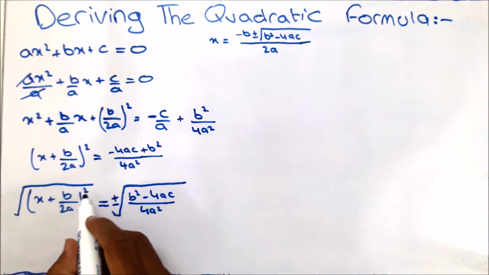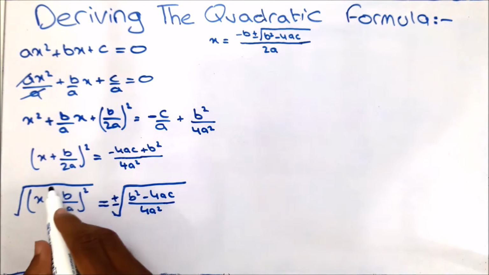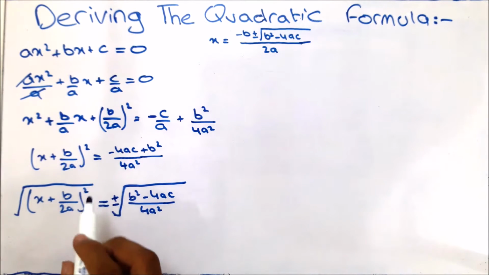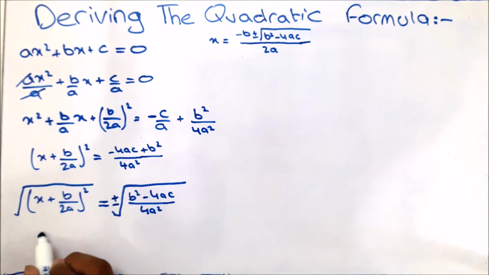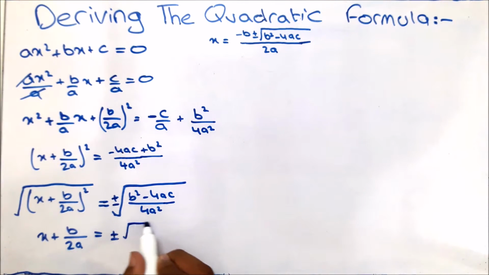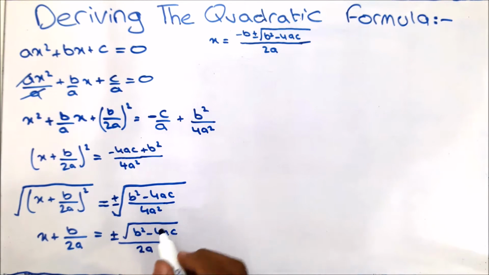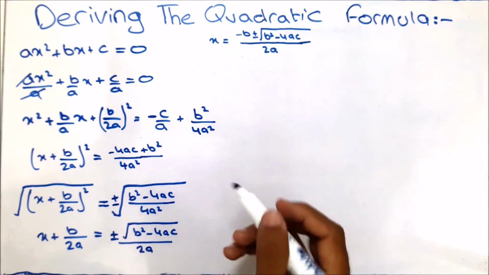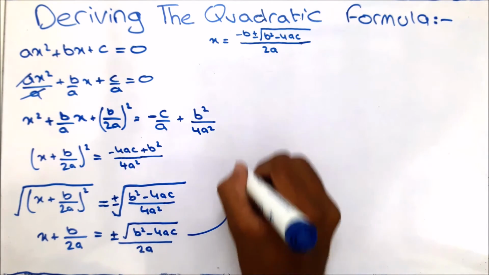Okay, so when we remove the square root sign along with the square sign, we are left with x plus b divided by 2a equal to plus minus square root of b squared minus 4ac, and over here when we take the square root of this 4a squared, we are left with 2a. Square root of 4 is 2 and square root of a squared is a. Okay, I'll just continue it over here.